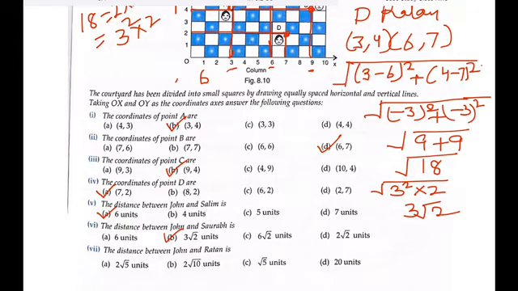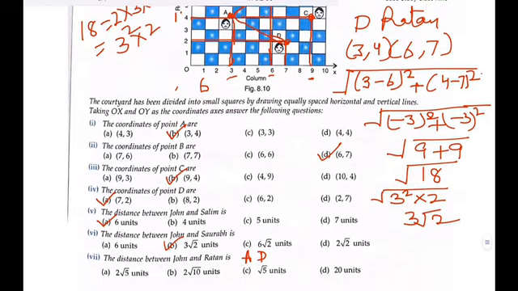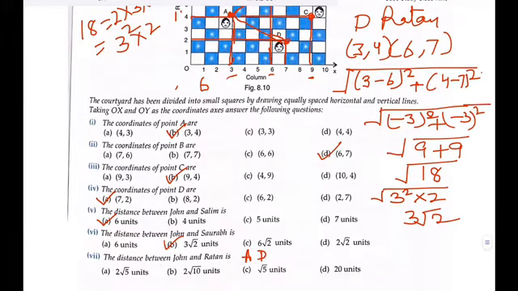Now the last one is John and Ratan. For John you have point A and for Ratan point D. So between AD you have to find the distance. Let's see in the picture. This is the distance you have to find. So you find the coordinates of A and D. The coordinates of A are again the same, 3 and 4, and the coordinates of D are 7 and 2. Go for the same thing that we have done earlier.